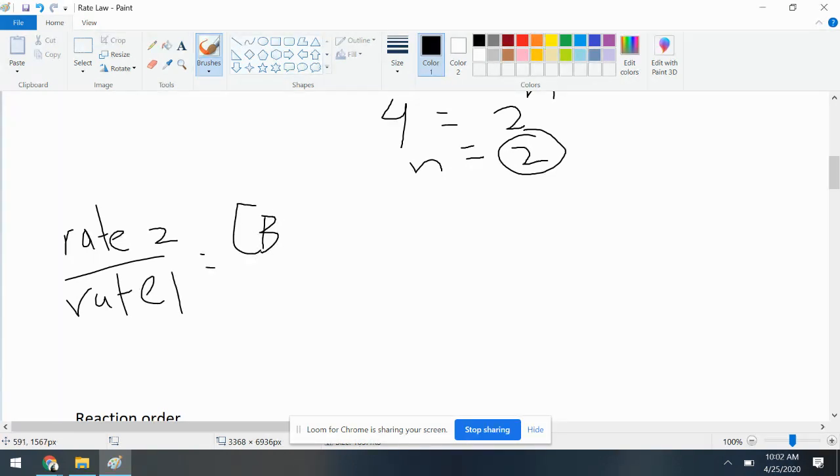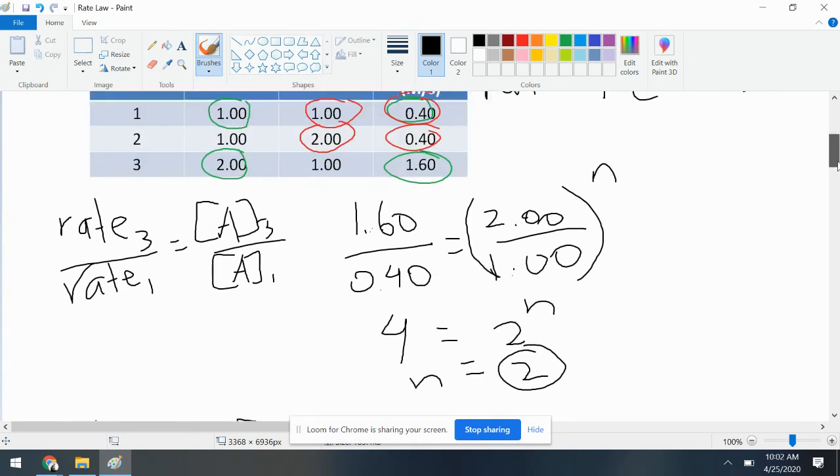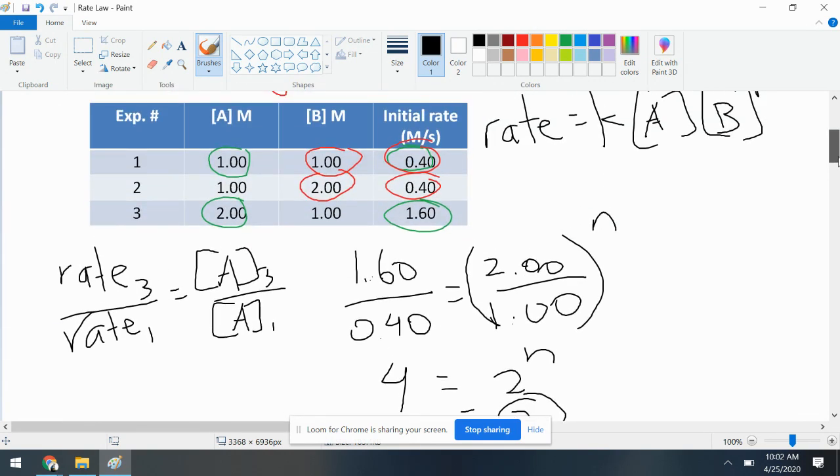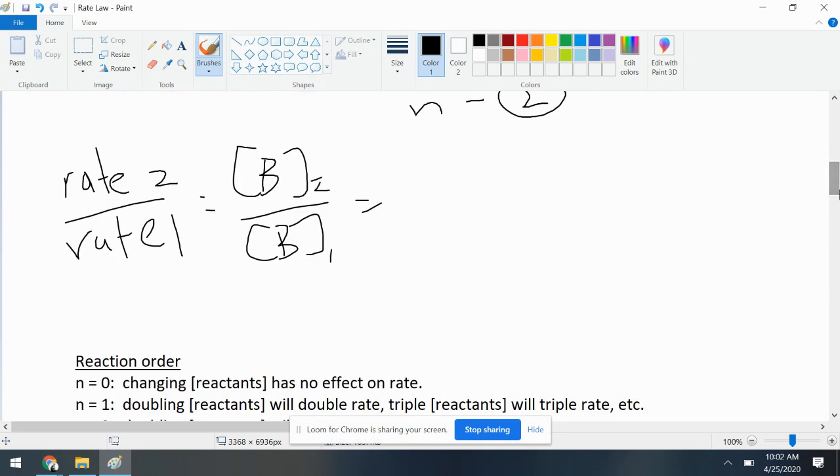Concentration of B, 2 over. Okay, so the rate, notice as you change B, that stays the same, which is 0.40. So it looks like by changing the concentration of B, there is no effect on the rate. So it's still 0.40. This is 0.40.